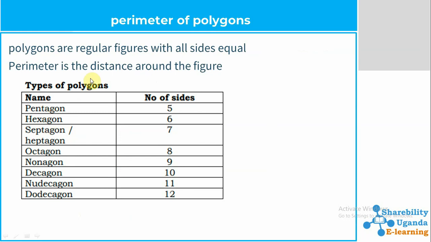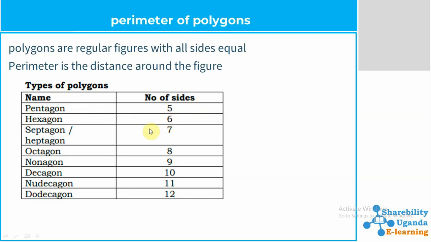So first of all, when you talk about polygons, these are regular figures with all sides equal. So that's what makes us differentiate these shapes, that we have those shapes that have the sides equal, and those shapes that do not have sides equal. Among these polygons, the pentagon has 5 sides.